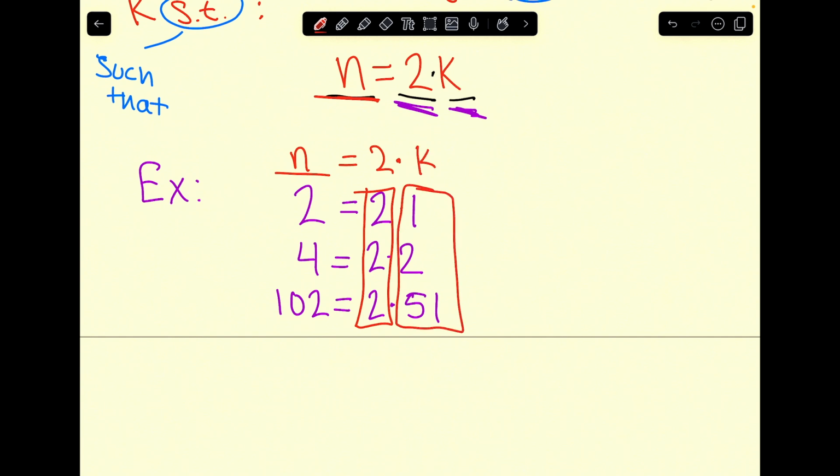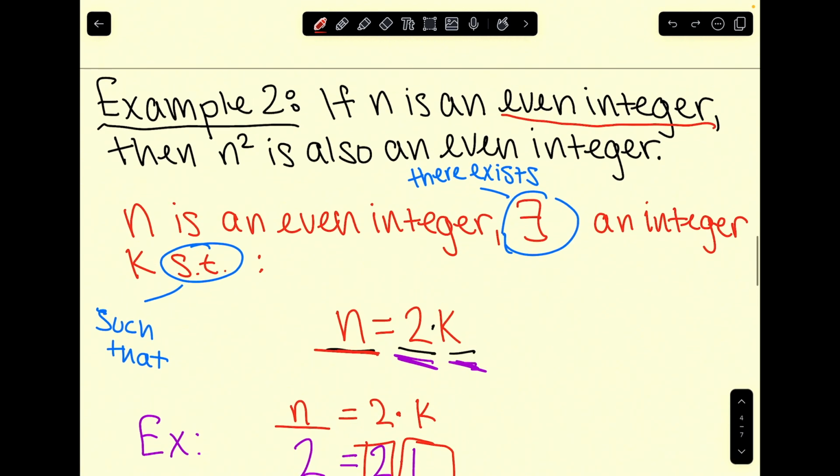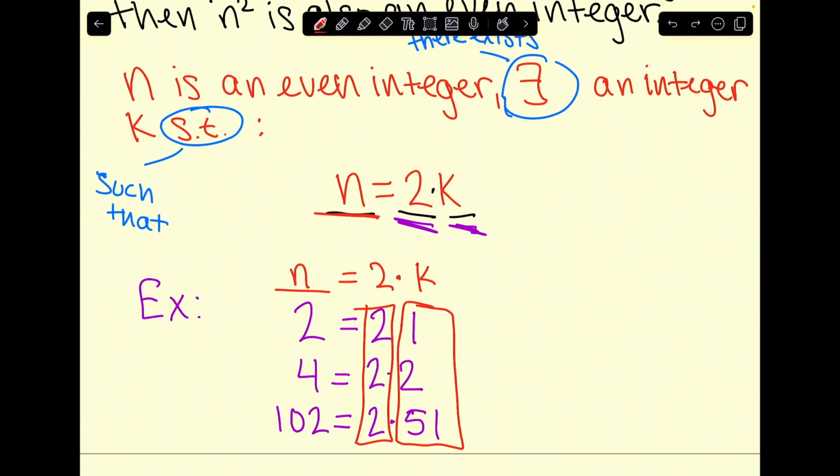Regardless of if the integer is even or odd, it's just another integer. That's what I want you to focus on for this example: if you have an even number, it can be rewritten as 2 times another integer. That's going to be important for proving that n squared is also an even integer.